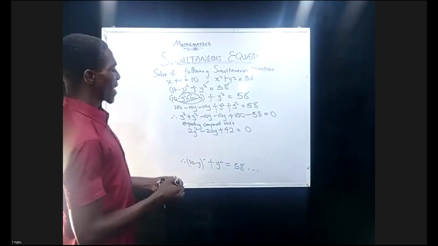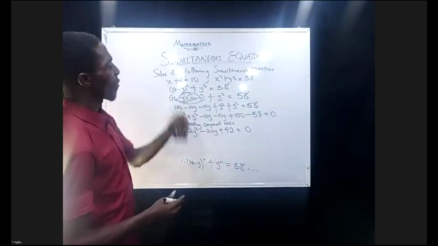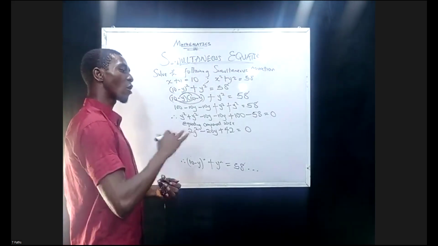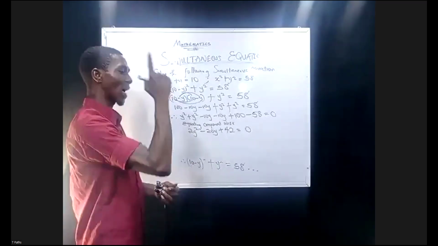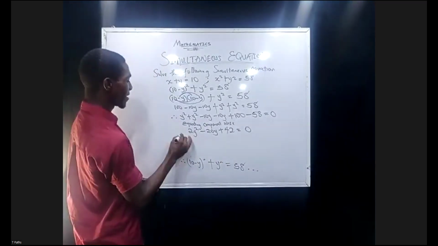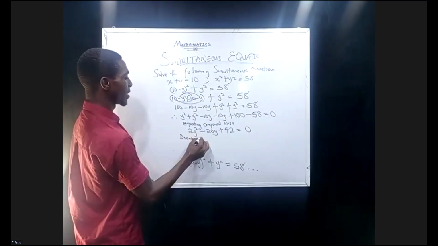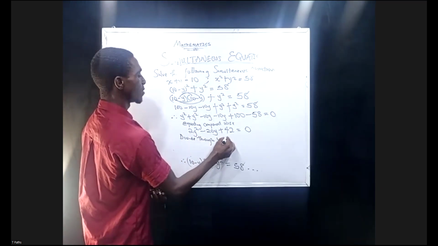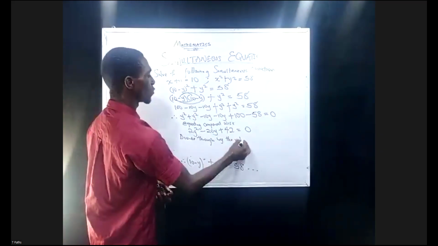Having this, we have the highest power of y with its own coefficient of 2. So let's reduce the coefficient of the highest power to 1. That means divide all through by the value 2.